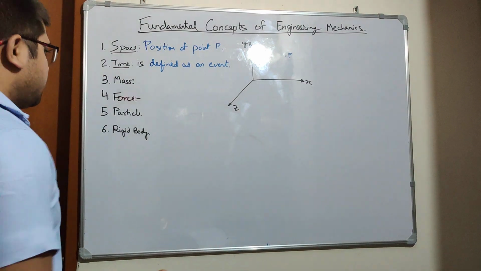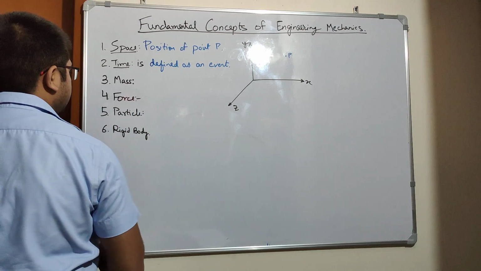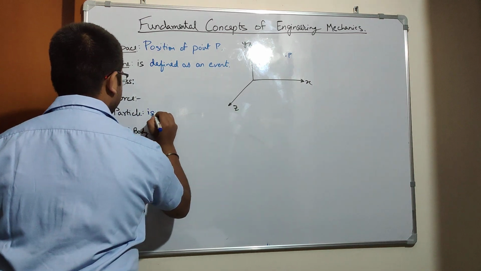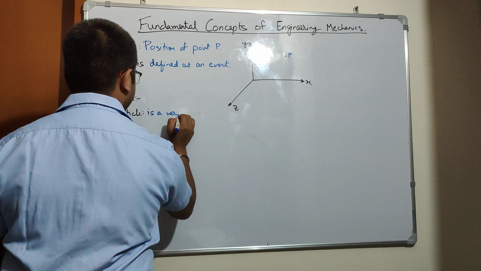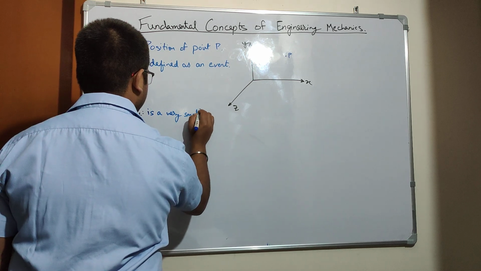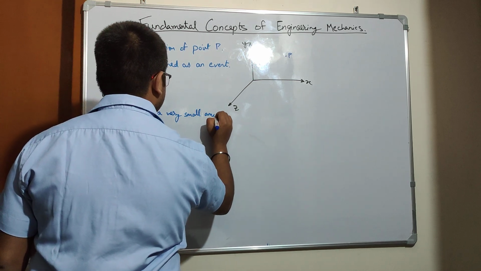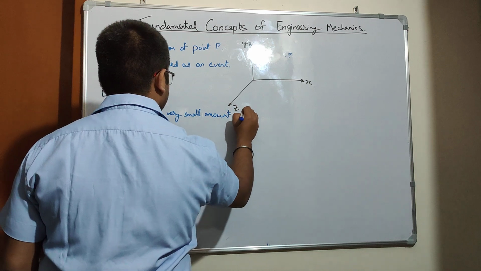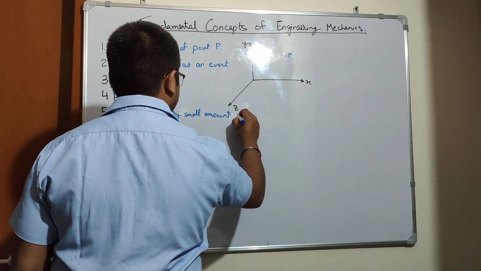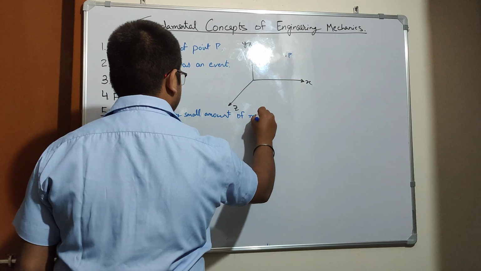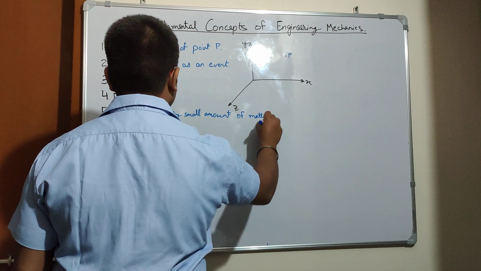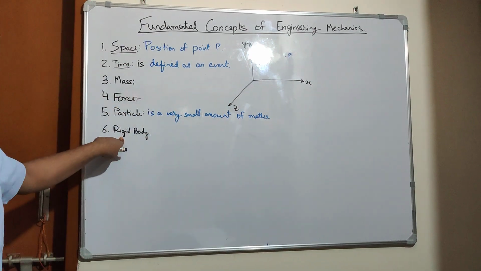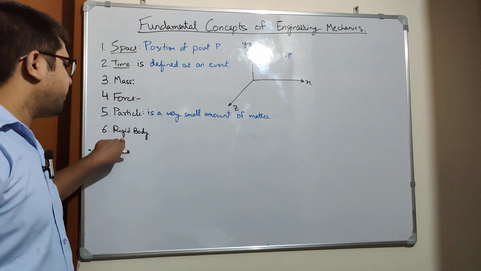What is a particle? A particle is a very small amount of matter. And what is a rigid body? A rigid body is simply a collection of particles.